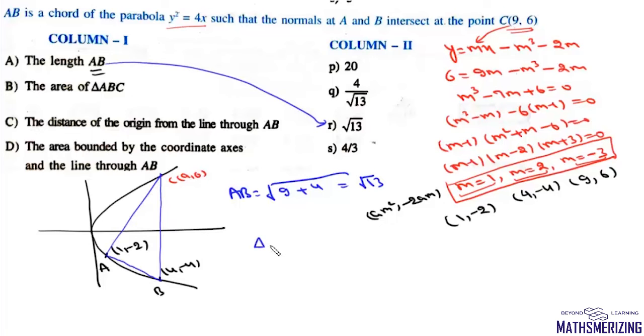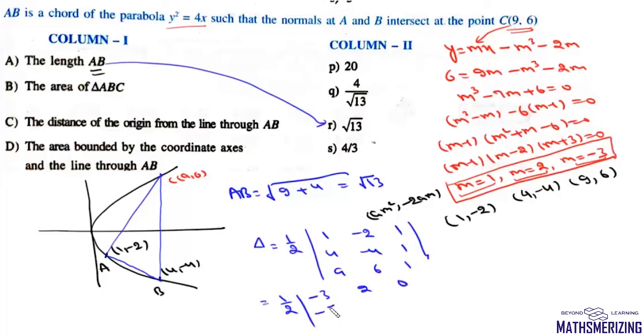So we can find this area as 1 by 2 times the determinant with rows x1, y1, 1. So it will be 1, minus 2, 1; 4, minus 4, 1; and then 9, 6 and 1. Now we'll take R1 minus R2 and R2 minus R3. So we can write this as 1 by 2 times minus 3, plus 2, 0; minus 5, minus 10, 0; and this is 9, 6 and 1.